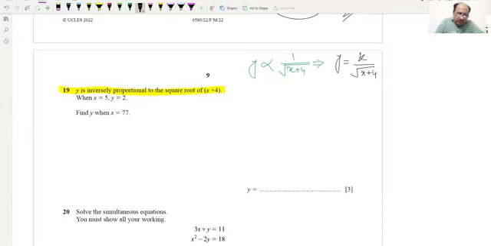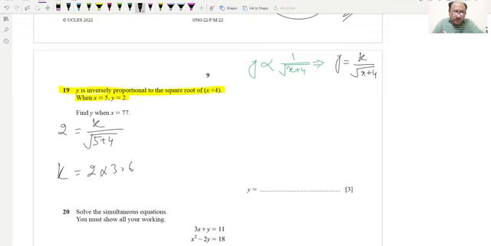They are saying when x is equal to 5, y is equal to 2. So 2 is equal to k over, this will be 5 plus 4 root, which is 9 root, which is 3. So we can write k is equal to 2 into 3, which is 6.